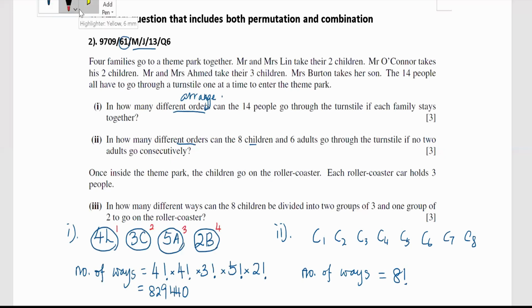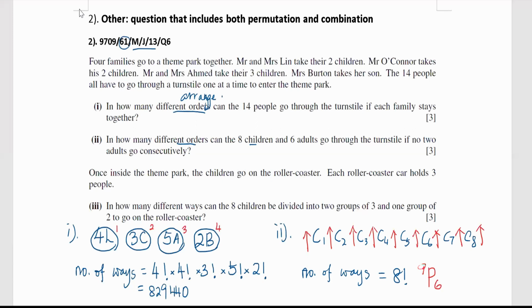Now, in between the children, since we want to make sure that no 2 adults go consecutively, we will try to find the spaces in between the children. And we found there are 9 different spaces between the 8 children, and we can arrange the 6 adults in between.